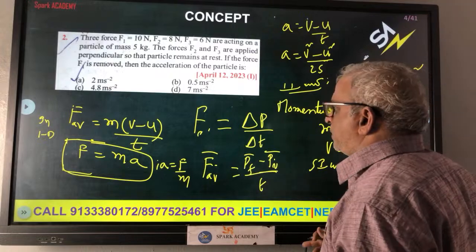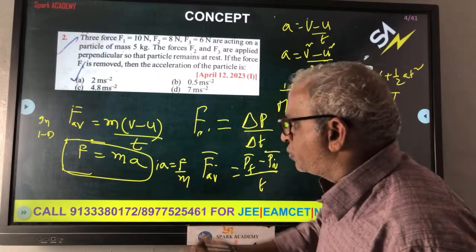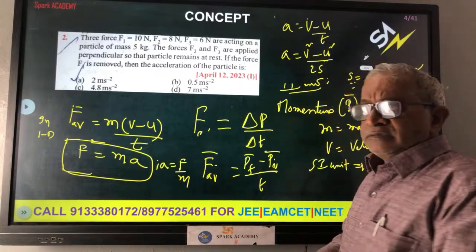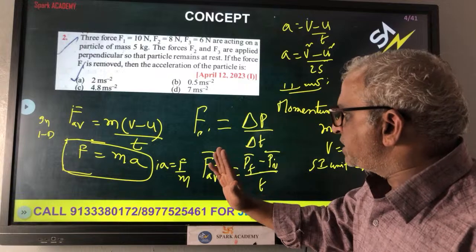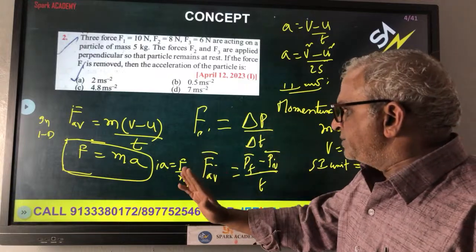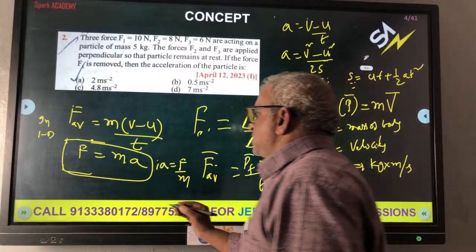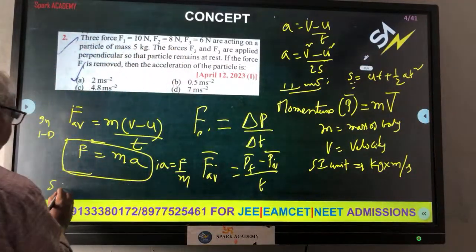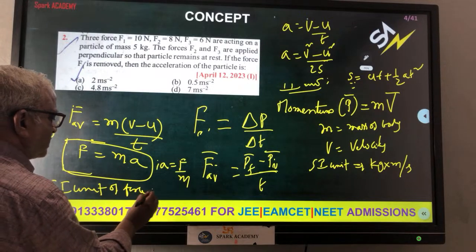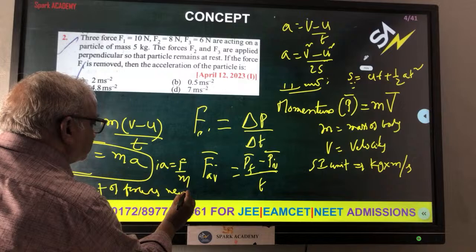So these equations are compulsory even though this chapter is related to force, average force. Now, the main points of knowing these concepts. What is the SI unit of force? The SI unit of force is Newton.